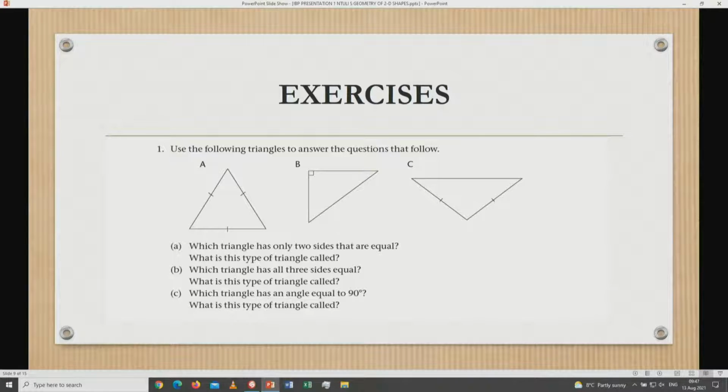Which triangle has only two sides that are equal? For number A, let us put the answer there, guys.